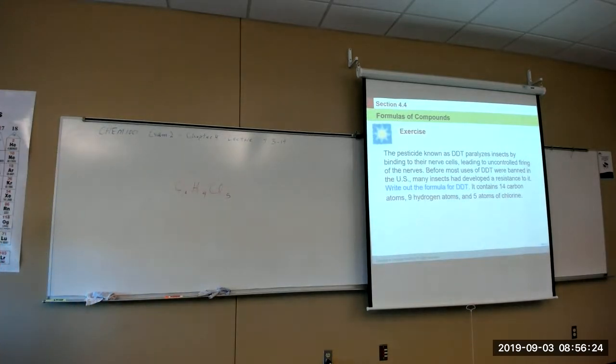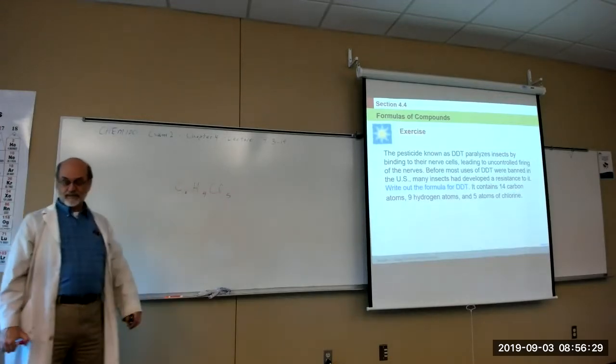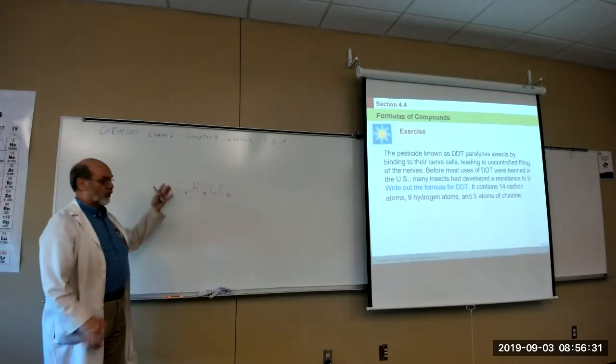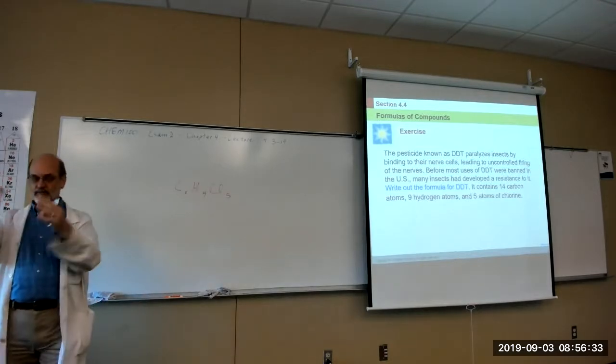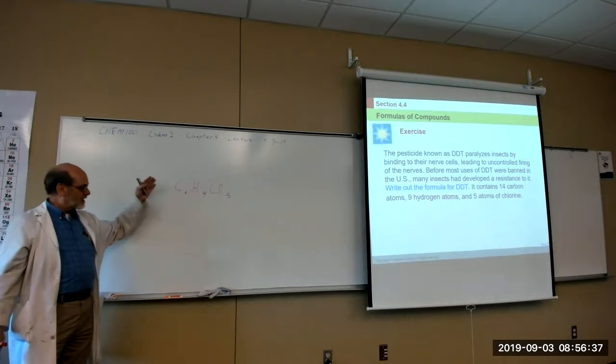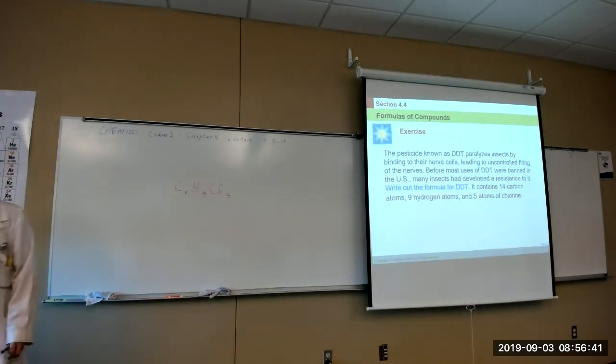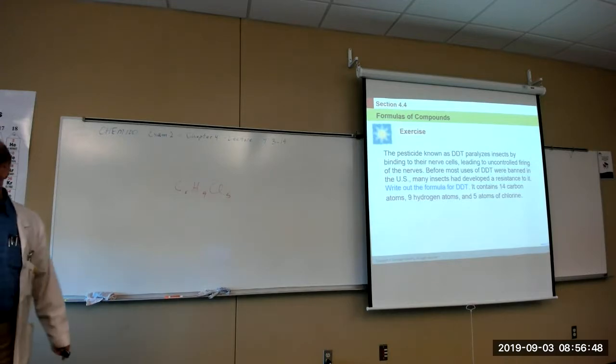So that is the molecular formula for DDT, right? We don't know how those are combined, how they're stuck together. It doesn't say anything about their structure. It just says we have that many, and that many. And that's a lot of information, but it's incomplete.